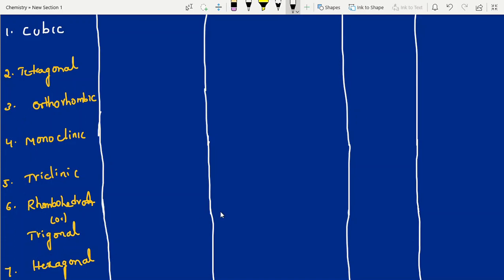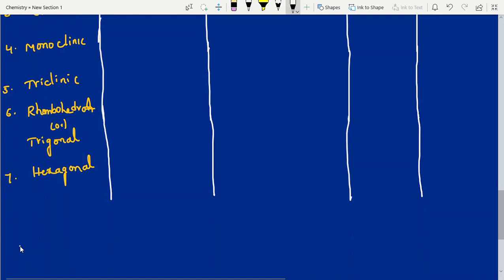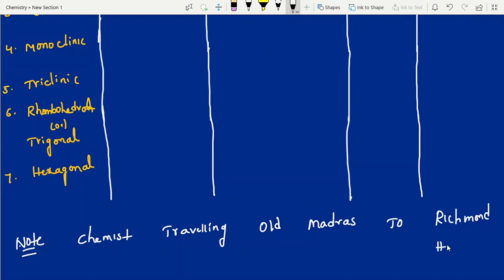Note this point: chemist traveling, old Madras road to Richmond House. This is my shortcut. It is useful, I think, in examination.